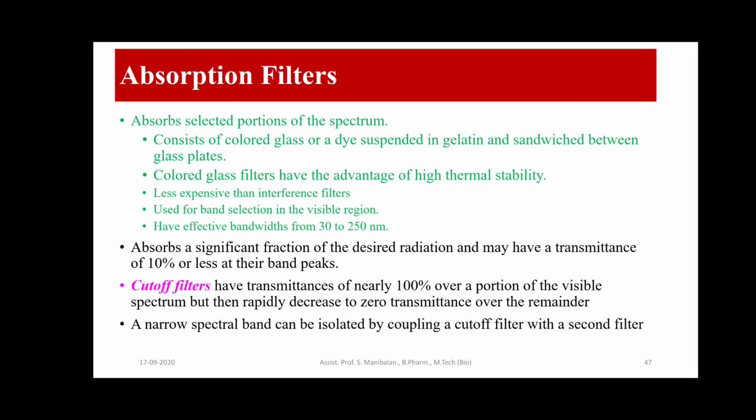And then interference filters are used for band selection in the visible region. Kindly remember this: mostly absorption filters are used for visible regions, right? Up to the effective bandwidth of 230 to 250 nanometers. They absorb a significant fraction of the desired radiation and may have a transmittance of 10% or less at their peak bands.